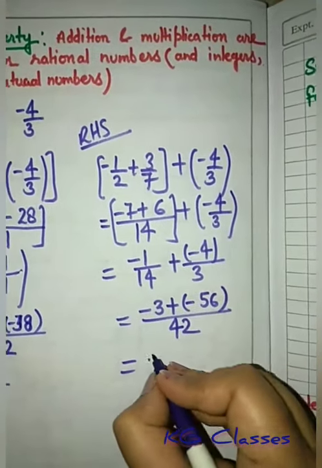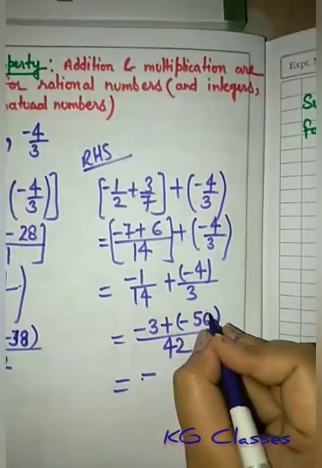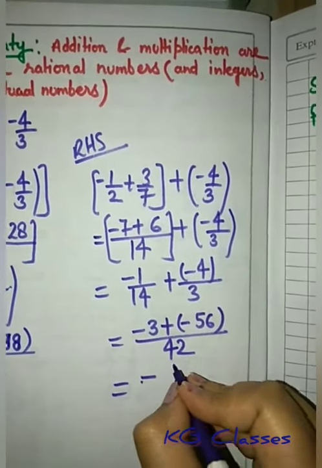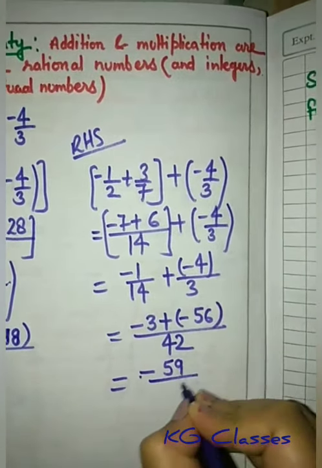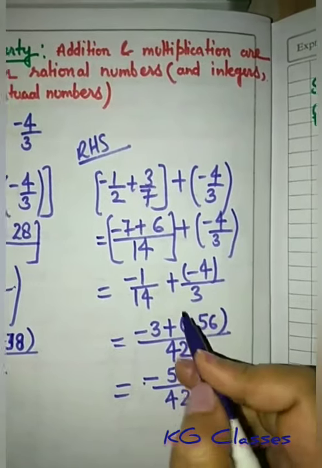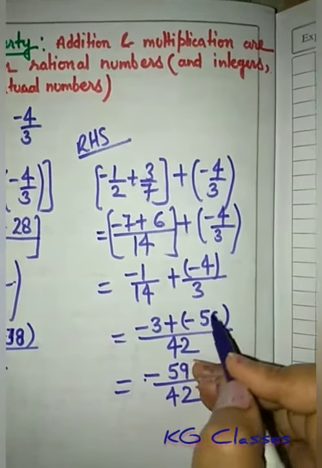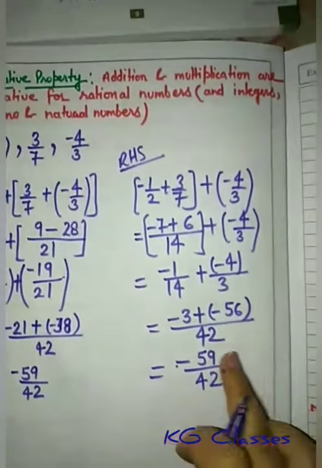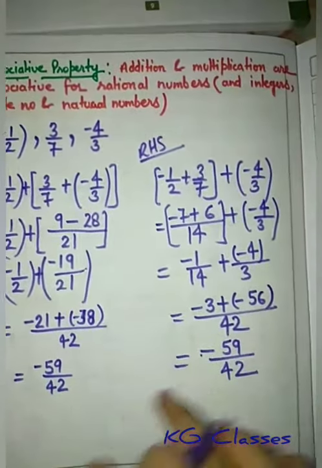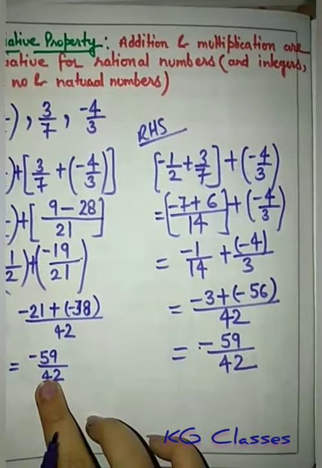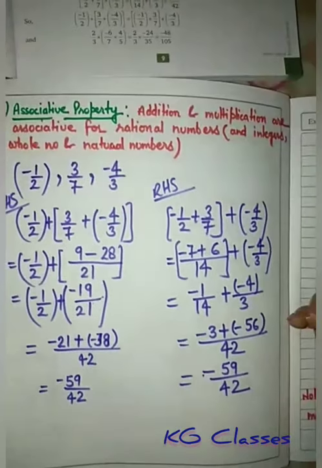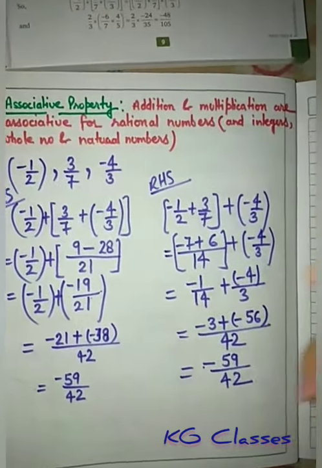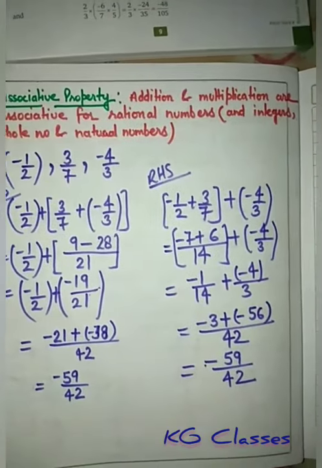Minus minus plus. How much will we get? 56 plus 3, 59 by 42. The sign will be of the number which is greater. 56 is greater, then we will have negative 59 by 42. And here we can see that this is equal to this. So addition is associative for rational numbers.